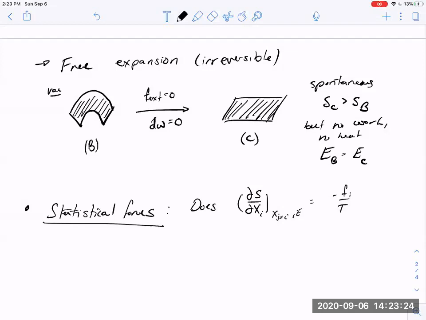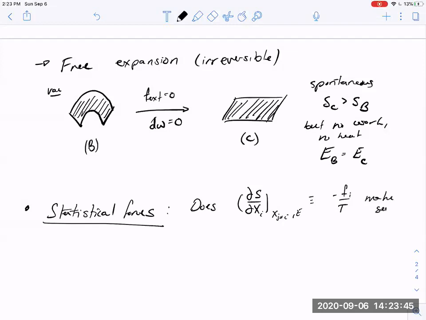So we've defined a force through how the number of states, which is what entropy is, changes as I change some mechanical variable.